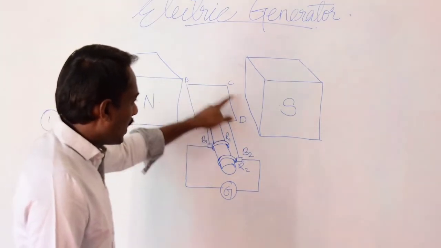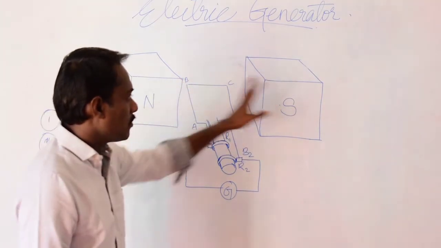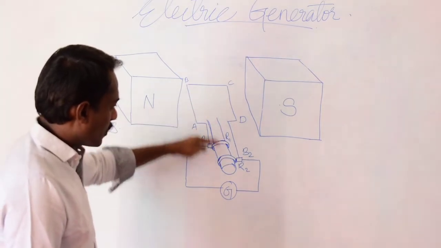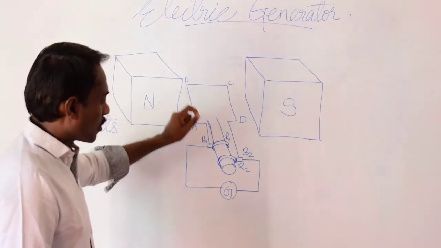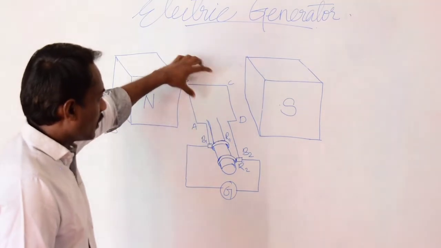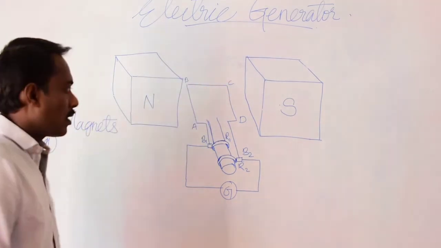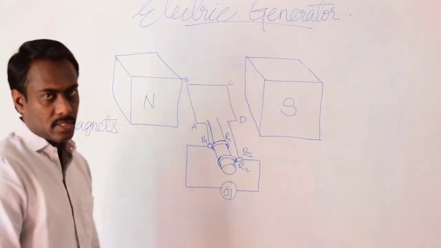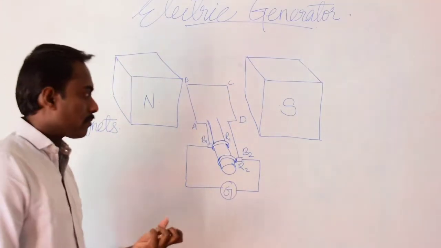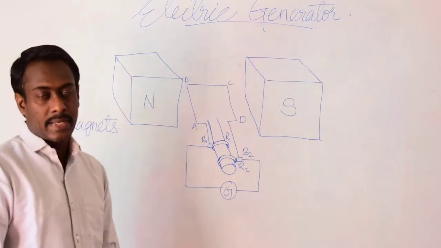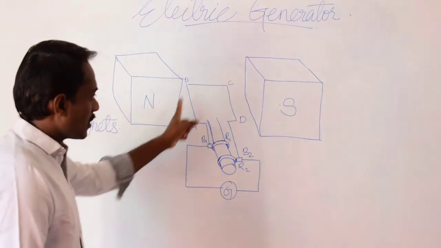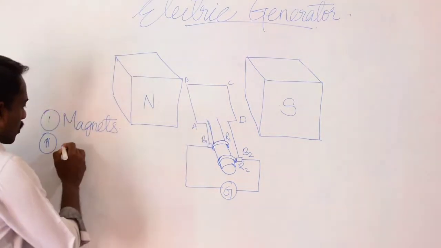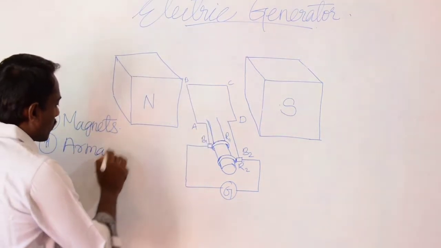Then a rectangular coil ABCD is placed in between these two magnets, connected to a shaft or a rod, and this is called an armature. This coil ABCD consists of a large number of turns, made of a good conducting material like copper, and this coil is called the armature coil.